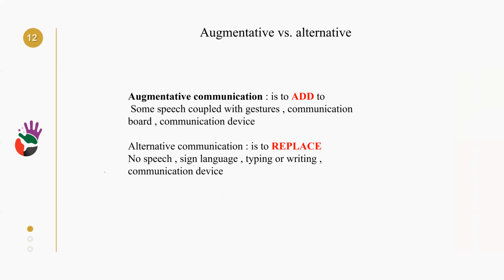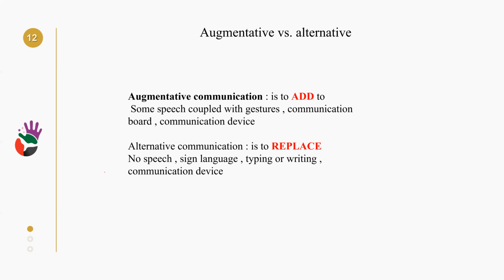Augmentative versus alternative. Augmentative communication is to add to some speech, coupled with gesture communication or communication devices. Alternative communication is to replace. So here is the most important information when we decide to choose or use AAC with a student.